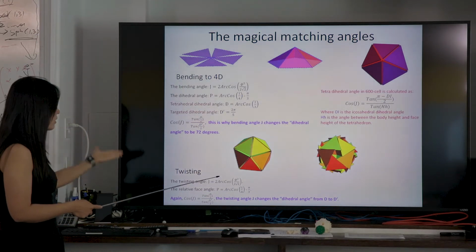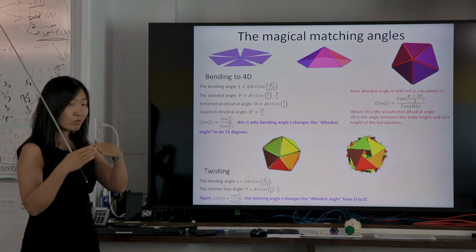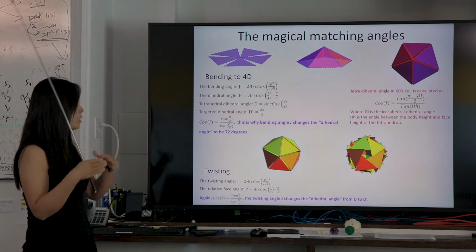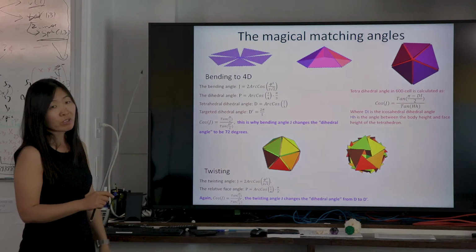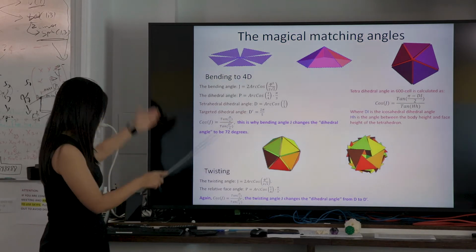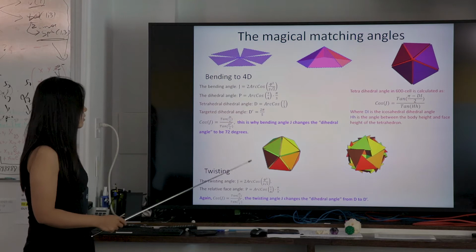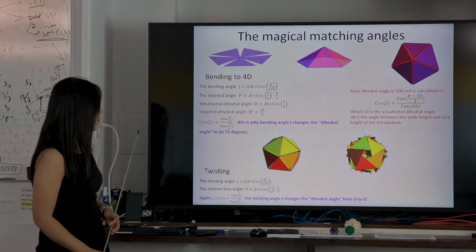I didn't go on to prove why the resulting joint angles are the same. But in the paper, we have a very detailed proof using the Clifford algebra method by Richard. I did it this way, just like trigonometry, and he used Clifford algebra.